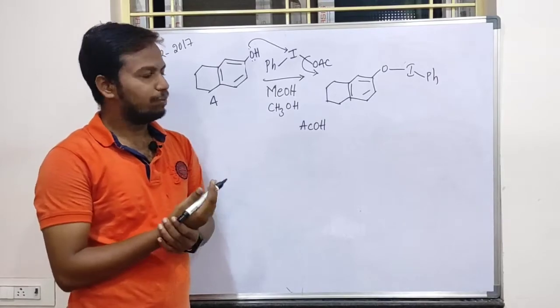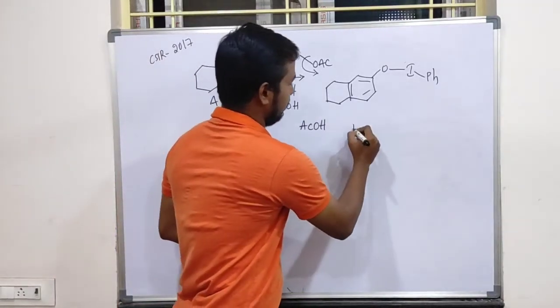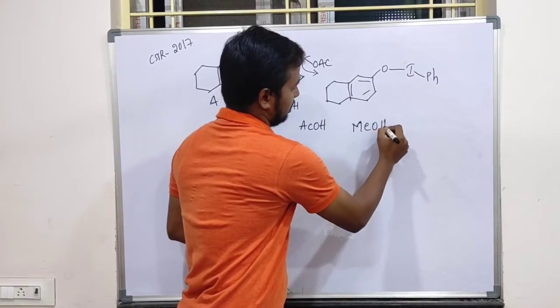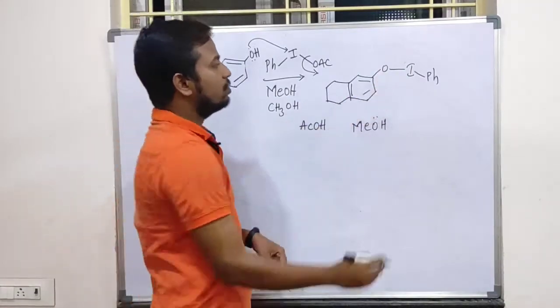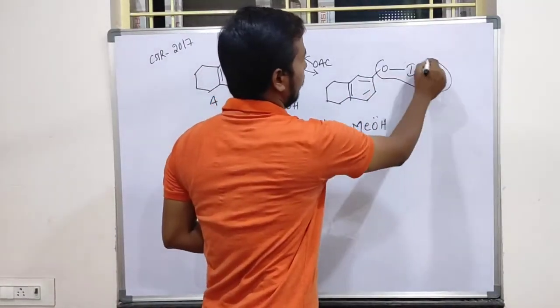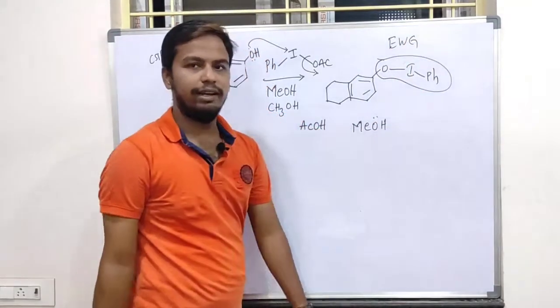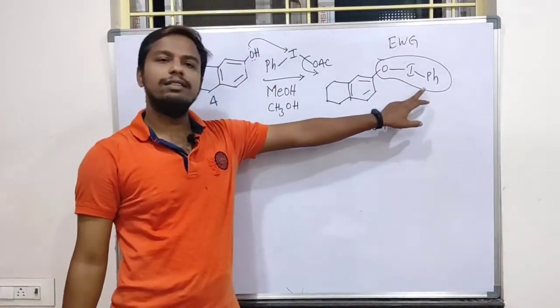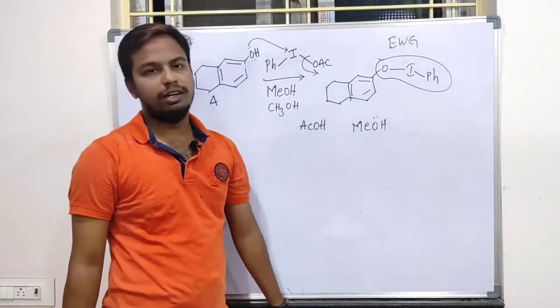So after that what would be happening? See, here we have methanol in our reaction mixture. So this whole group acts as an electron withdrawing group. Why? Because the phenyl ring is an electron withdrawing group, attached to an electronegative atom.